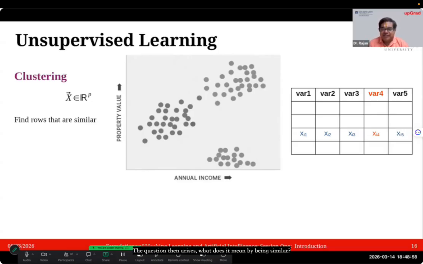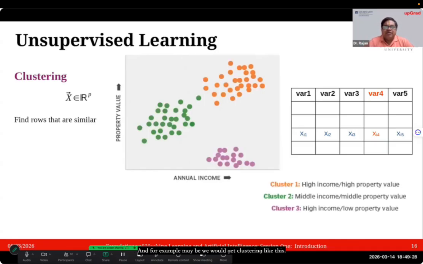The question then arises, what does it mean to be similar? Then we give a mathematical definition of similarity, and using this definition, segregate the data. That's what we tell the system, and the system segregates the data into different groups.